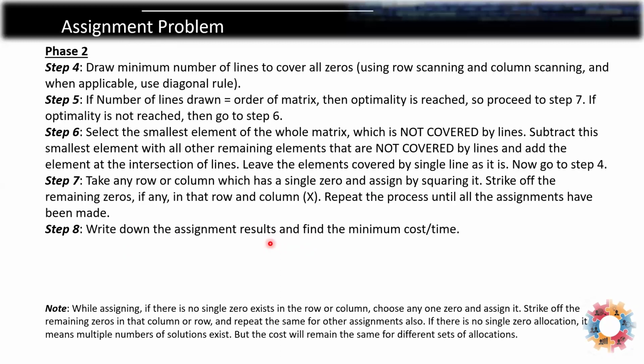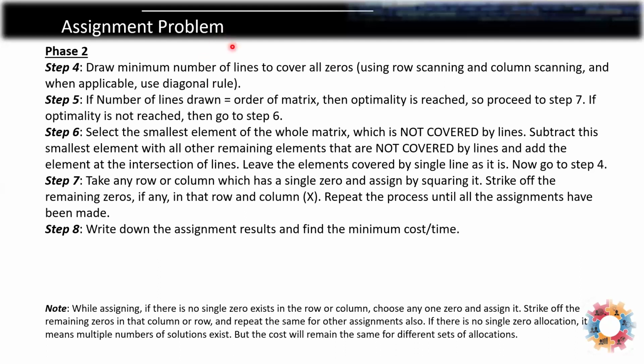After doing that, you draw the minimum number of lines to cover all zeros resulting from step 2 and step 3. You can do this by using row scanning or column scanning, which I will explain later. And whenever applicable, you can use the diagonal rule. This happens only when, after using the row scanning and column scanning, you are still left with a row or column that contains 0.